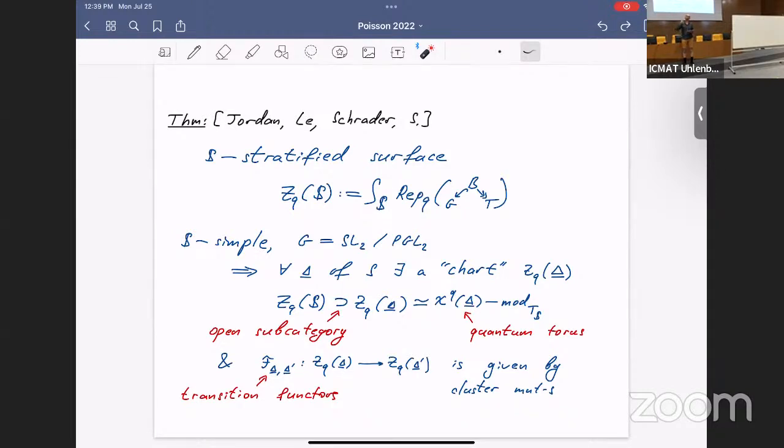Now, what I will consider then is factorization homology with coefficients in this weird guy here, which involves not just rep Uq G and rep Uq T, but also rep Uq B. So I have G, I have the Borel B, I have the maximal torus T, and I'll consider these categories of modules over Uq G, Uq B, and Uq T. Now, S is simple, and again, I'll explain what that is.